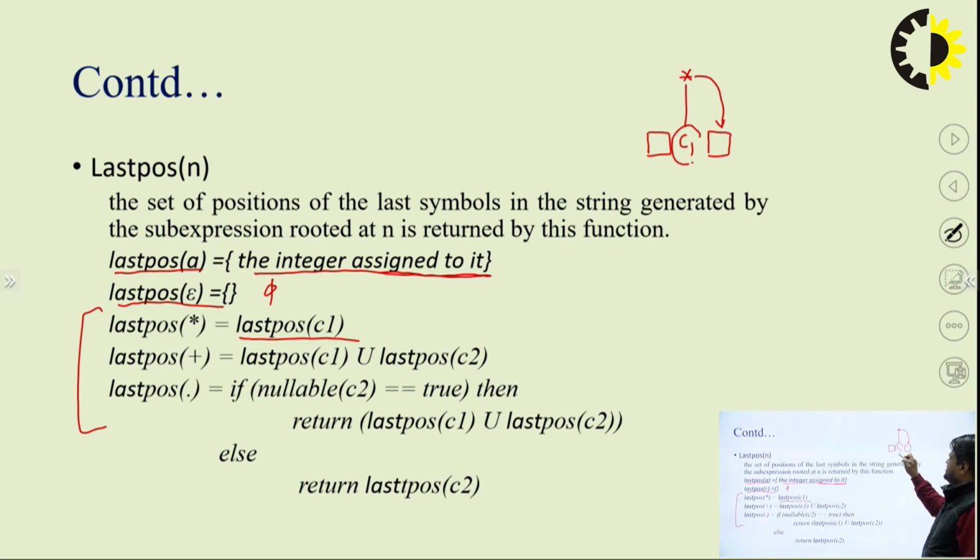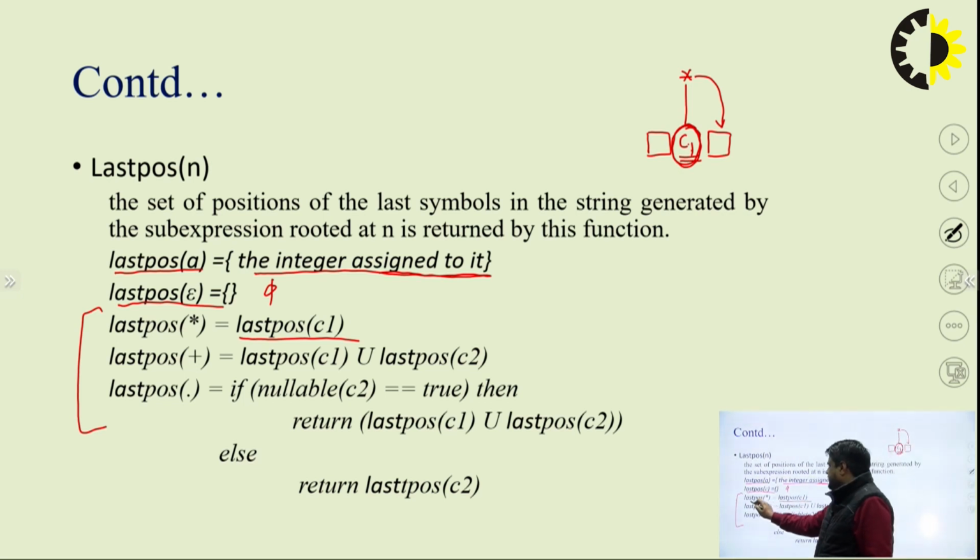So when this term comes at last, it means the regular expression corresponding to C1 will be iterated so many times. So the last position held by C1 will get repeated at the last in the Kleene star, right or not right? Okay, now we will move towards the last position of plus.